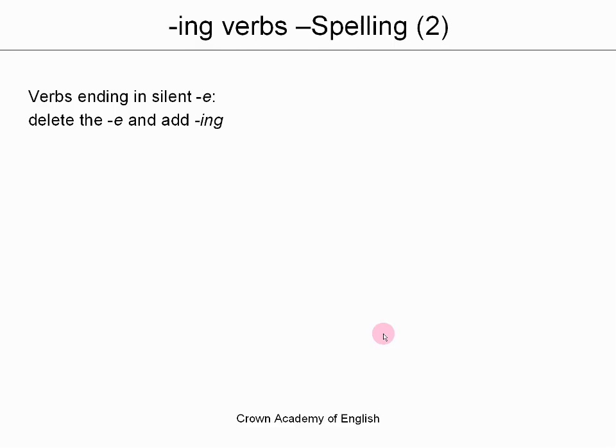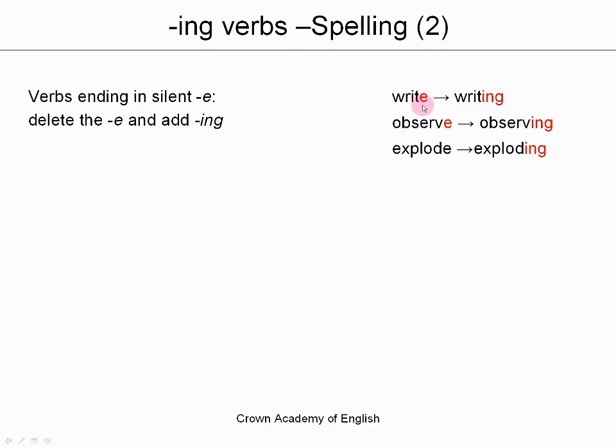For verbs that end in a silent E, we delete the E, so we remove the letter E and we add ing. For example, write, with an E at the end.